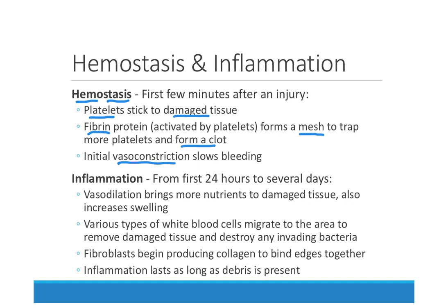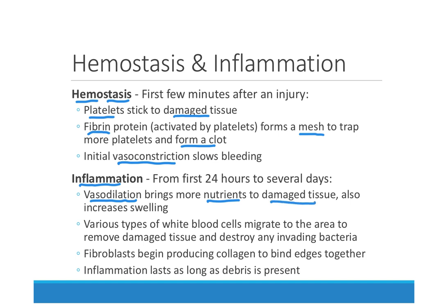But when you move from the hemostasis stage into inflammation, which then occurs sometime in that first 24 hours and can last for several days, we actually have blood vessels go the other way, and you have vasodilation, which allows more nutrients such as oxygen and glucose and other supportive materials to be brought to those damaged tissues.